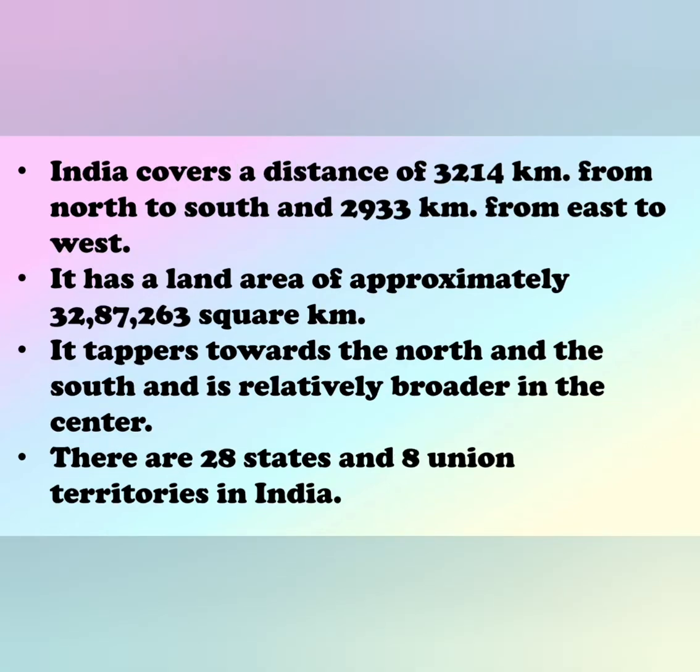Next, India covers a distance of 3,214 kilometers from north to south and 2,933 kilometers from east to west. Next, it has a land area of approximately 32 lakhs 87,263 square kilometers.